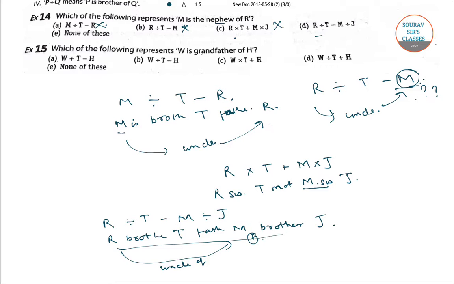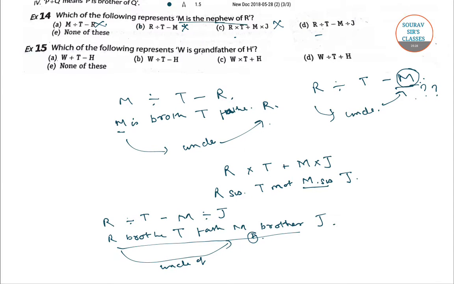So here we can say that M is nephew of R, which is our question. So the correct answer would be option number D.